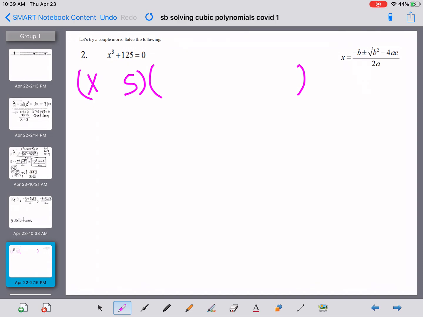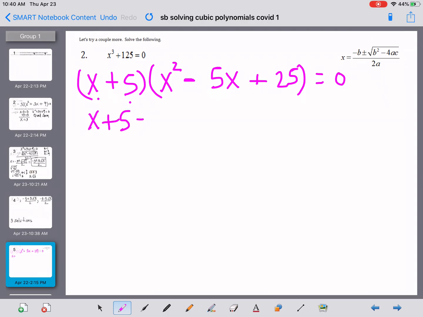Then x cubed divided by x is x squared. 125 divided by 5 is 25. Then we multiply x and 5 together to get the 5x and put in the SOAP. Same sign, so what we were given is a plus. Opposite sign, always positive. Once we've got that, we take the x plus 5 and set it equal to 0, and the x squared minus 5x plus 25 and set it equal to 0.